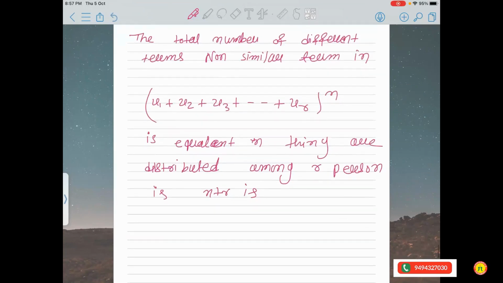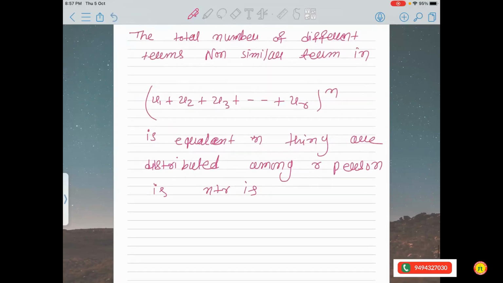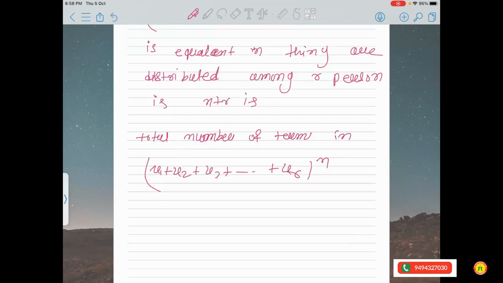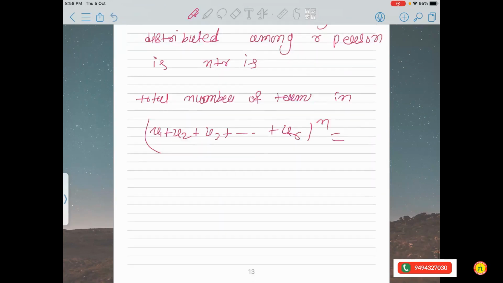If you have not studied probability, there will be a little difficulty. The total number of different terms, the non-similar terms in the expansion. So listen, these things you need to remember. Total number of terms in x1 plus x2 plus x3 and so on plus xr, the whole power n, is equal to n plus r minus 1 C r minus 1.